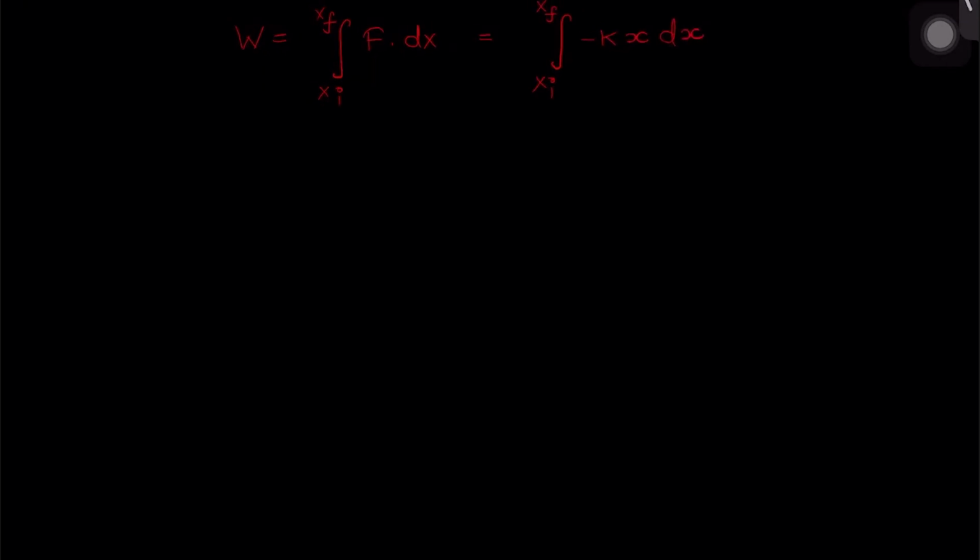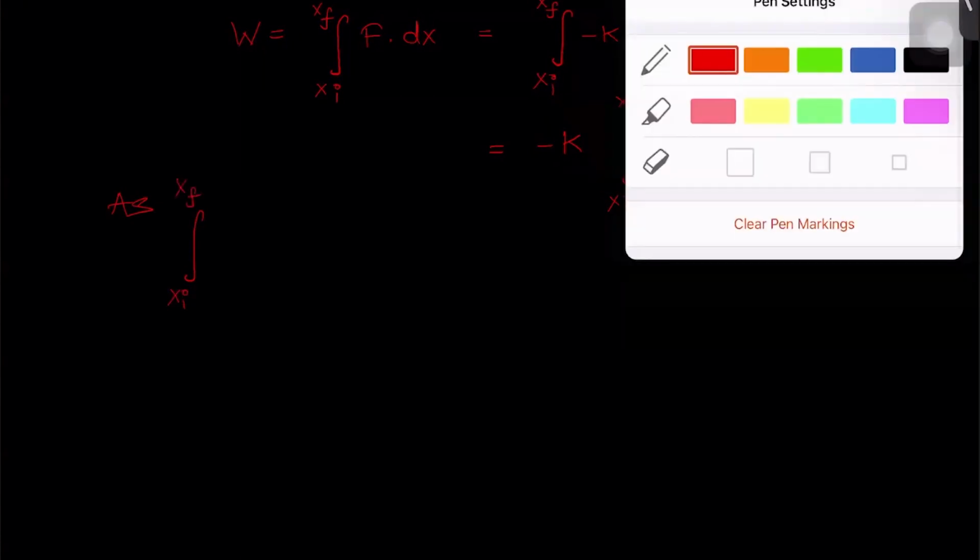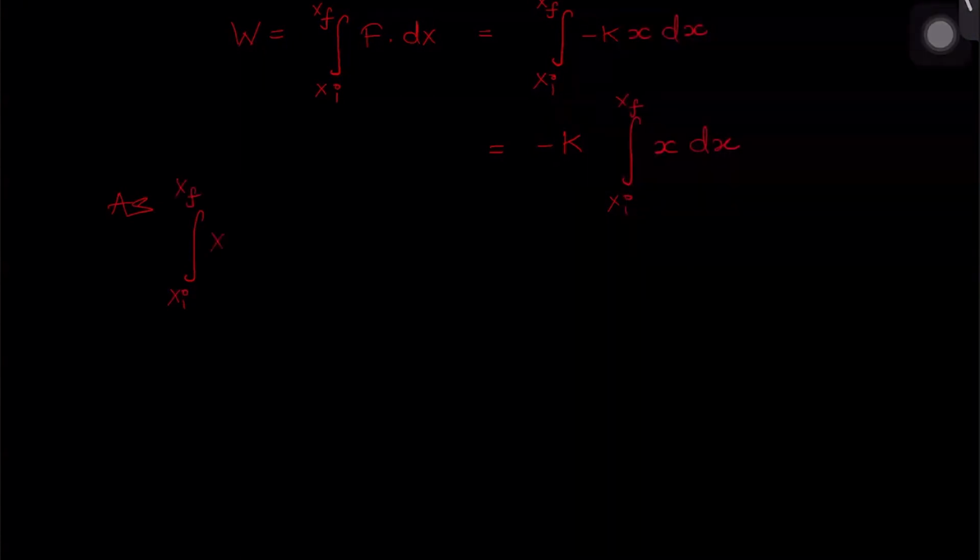As minus k is a constant, it can be kept outside: minus k times the integration from xi to xf of x dx. x is not a constant, x is a variable here. Now the integration of x dx is x square by 2 from xi to xf.